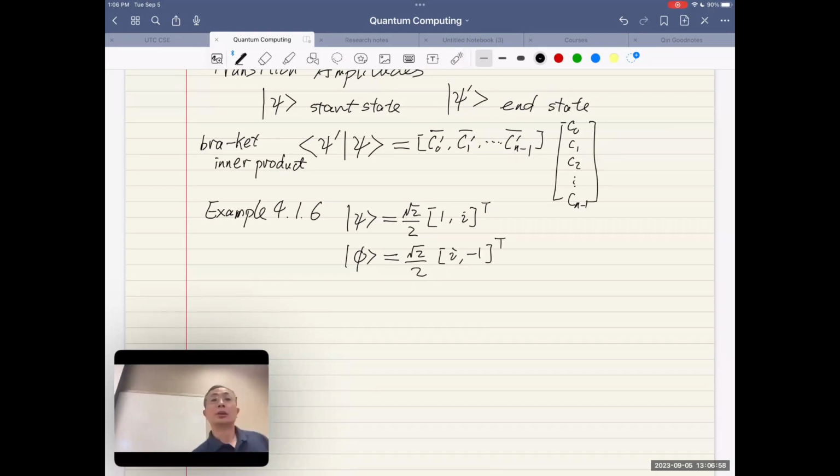We need to calculate the inner product, where psi is the start and phi is the end.